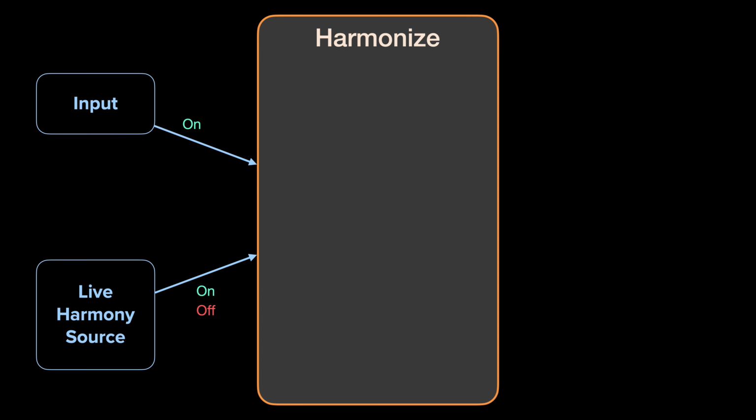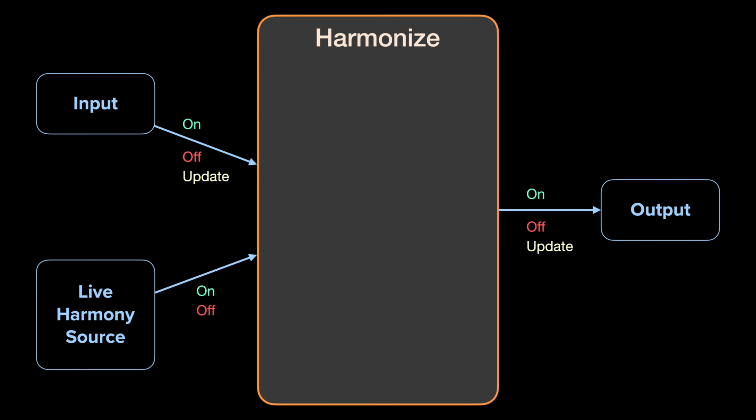When a note-on message arrives at its input, Harmonize implements the plan it created based on the harmony to decide what note to play. The other two input messages are note-off and what I'll call note-update. When one of these messages arrives, Harmonize redirects the message to the corresponding output note. Now let's look in detail at how Harmonize responds to each kind of message.